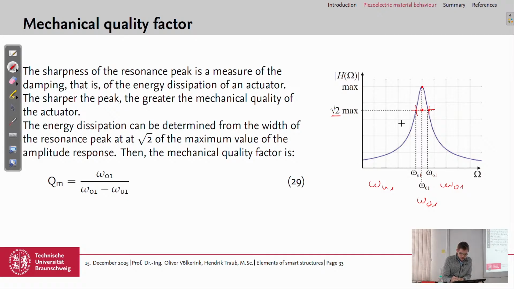If we have a not so sharp peak, then these values are larger, and if the peak is sharper, then they are closer together, and we have a higher QM, a higher mechanical quality factor. We won't go into detail on this dynamic behavior, but just to give you an impression: if you look at a data sheet and read something about the mechanical quality factor, this is what is meant by it.